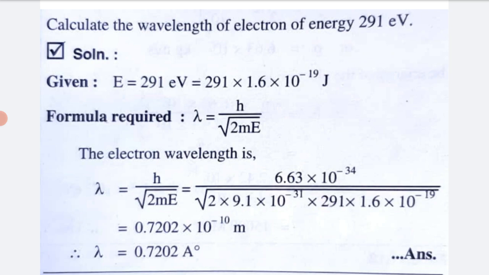The electron wavelength is lambda is equal to h upon under root 2mE, which is 6.63 into 10 raised to minus 34 upon under root 2 into 9.1 into 10 raised to minus 31 into 291 into 1.6 into 10 raised to minus 19. Then lambda is equal to 0.7202 into 10 raised to minus 10 meter. Therefore, lambda is equal to 0.7202 degree angstrom.